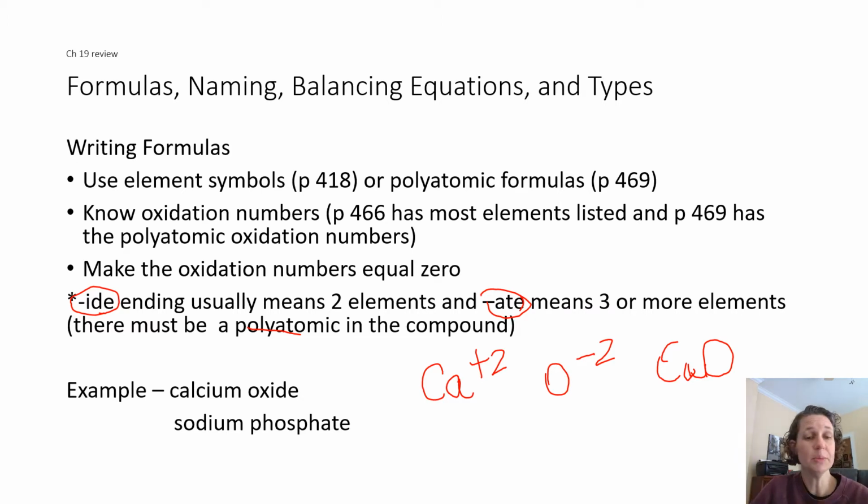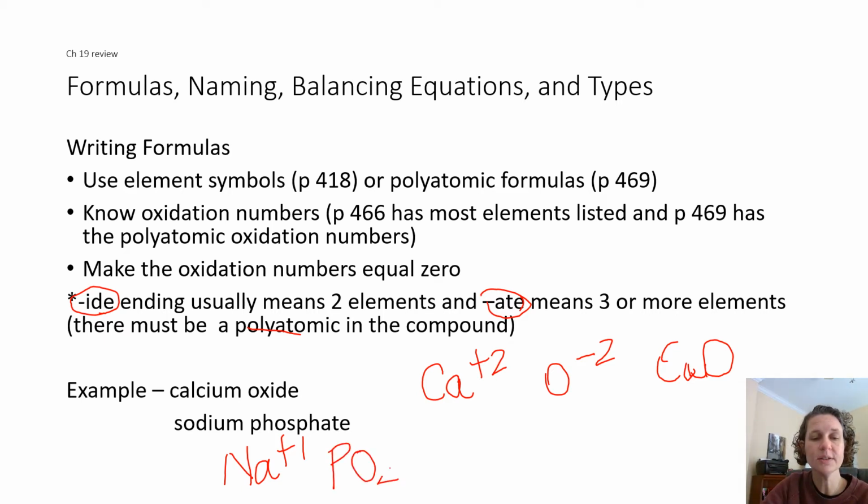And that's your formula. Now this next one, sodium phosphate, "ate" ending, that means that you have a polyatomic. So starting with our sodium, sodium is Na. It is in the first column, which means that it is a +1 oxidation number, an alkali metal. The phosphate has the formula of PO4, and its oxidation number is -3.